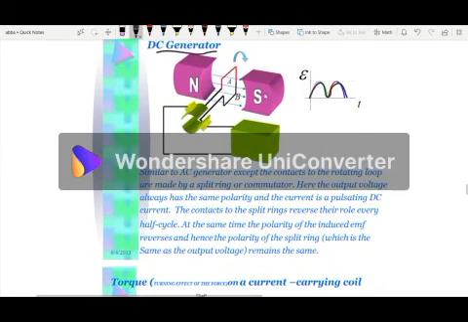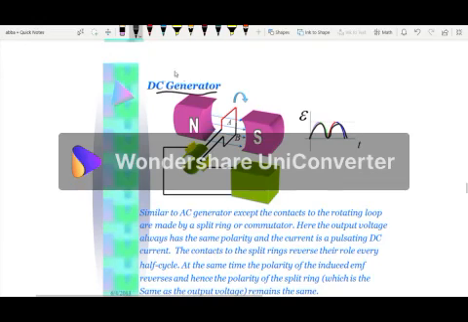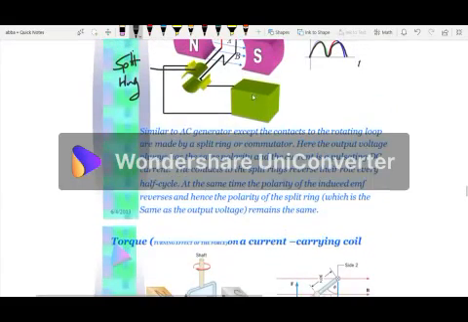This is how we can identify that this is a DC generator, due to this split ring, unlike the slip rings we mentioned earlier. They are split in between. Also, they have bar magnets here, then you have your coil here, and this is going to be your cell of some sort.